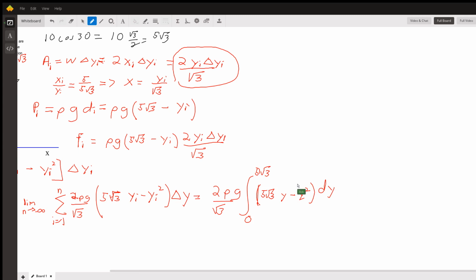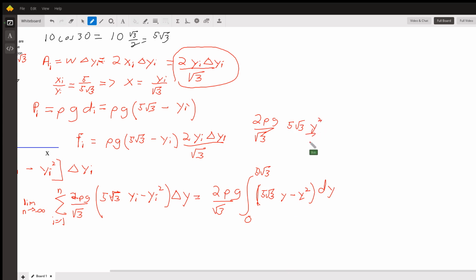Okay, anyways, it turns out that evaluating this integral, and let me just do this up here since I'm running out of space, you will have 2 rho g over root 3 times 5 root 3, and the integral of y, of course, is y squared over 2.